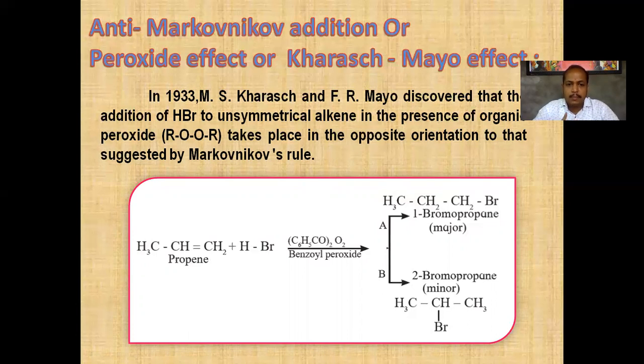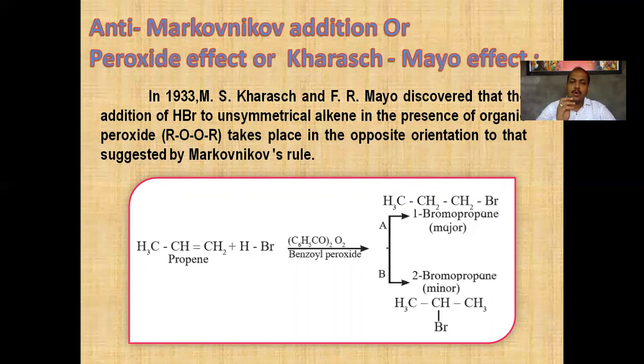That's why 1-bromopropane is the major product, while from the primary free radical we get 2-bromopropane as a product.